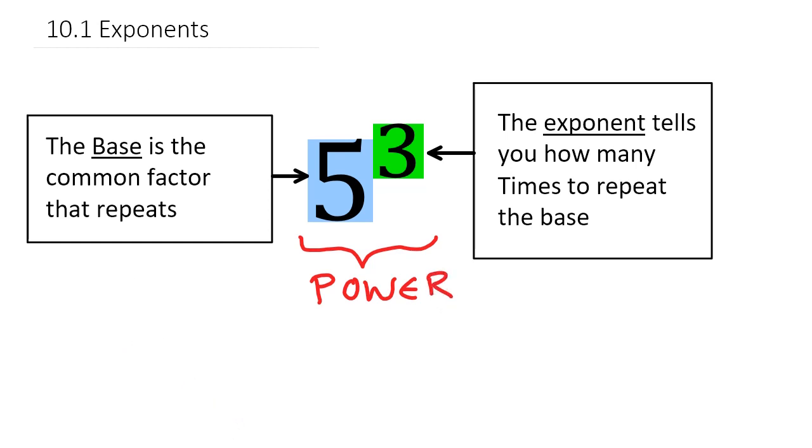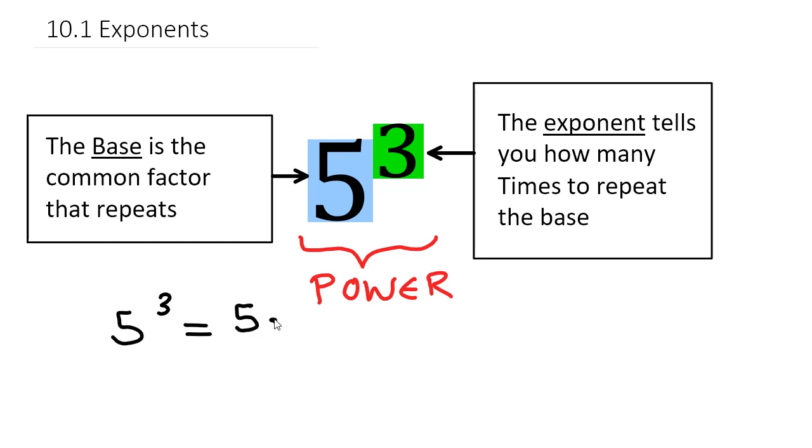So when it comes to 5 to the third power, the base once again is a factor, so it is all related to multiplication. So the exponent tells you that I need to repeat this base 3 times.